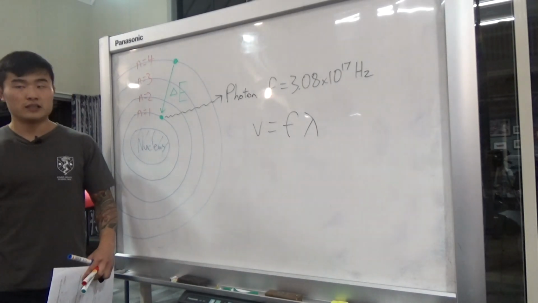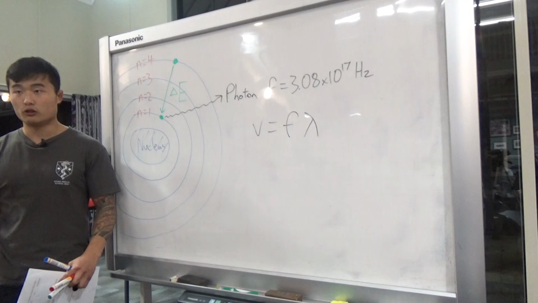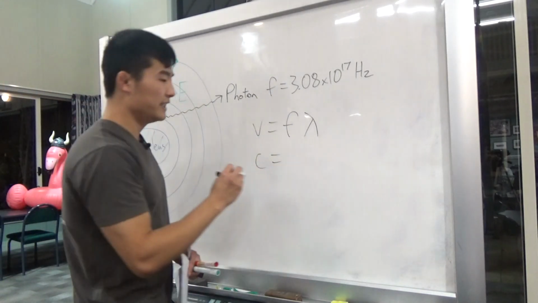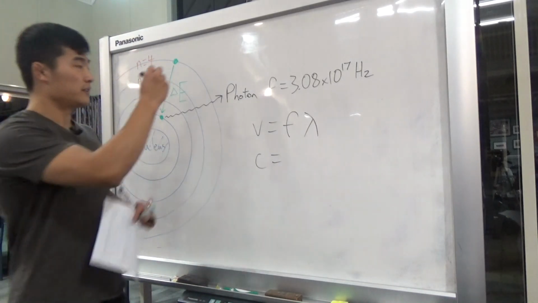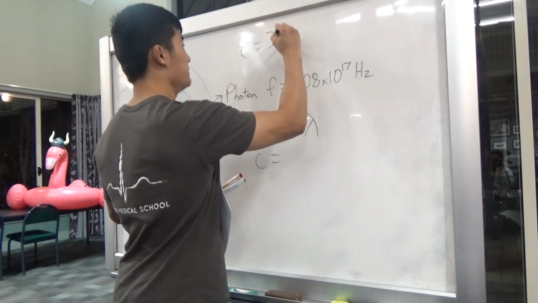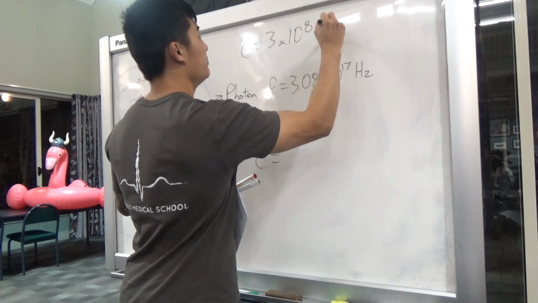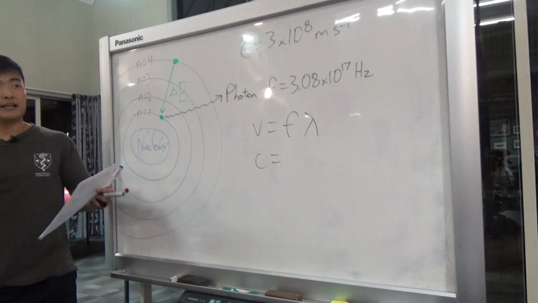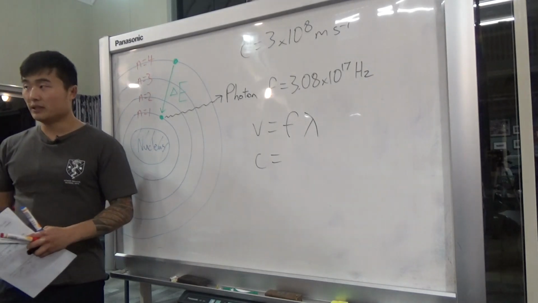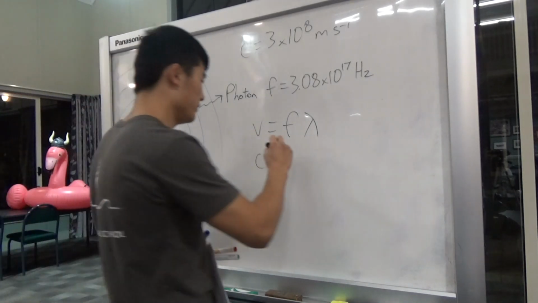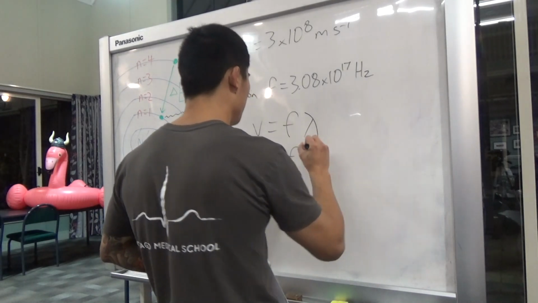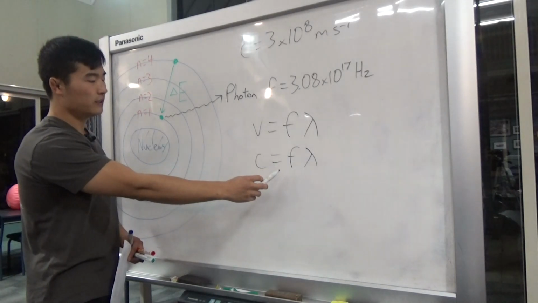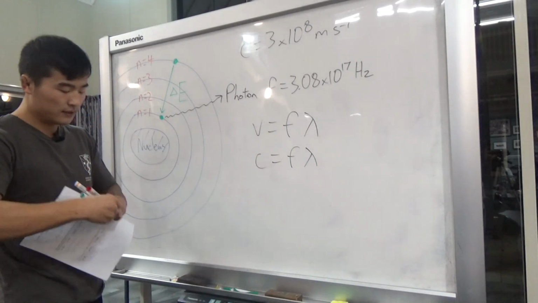The velocity of electromagnetic radiation, or light, is c, which is equal to 3 times 10 to the 8 meters per second. By exam time you should be able to memorize that, but it's going to be on your formula sheet. So c is equal to frequency times wavelength. Now we know c and f, so we want to find the wavelength.